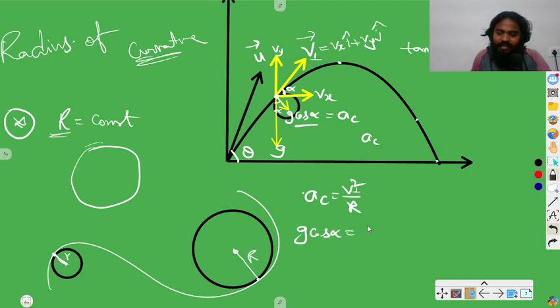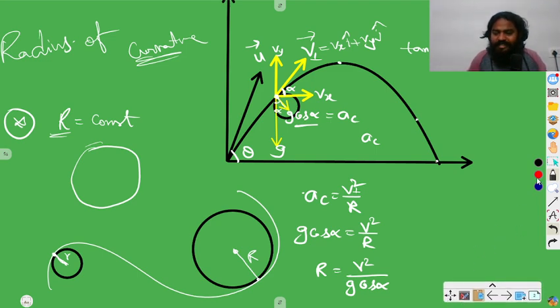So g cos alpha is equal to v square by r, and from this r is equal to v square by g cos alpha. Sometimes in the question they'll give this alpha; if they don't, you have to find g cos alpha. This is how you calculate the radius at any point of the curve.